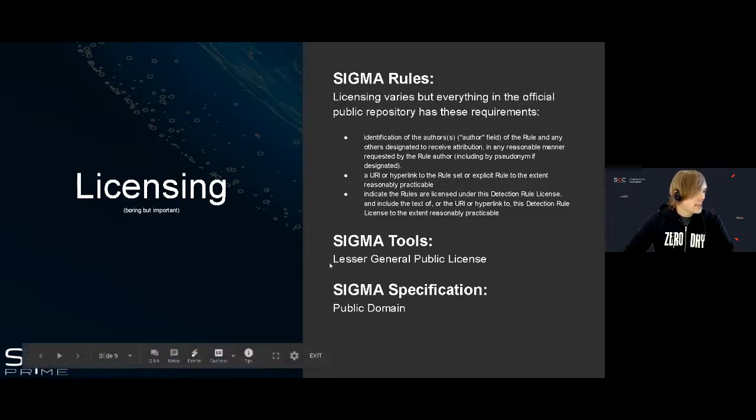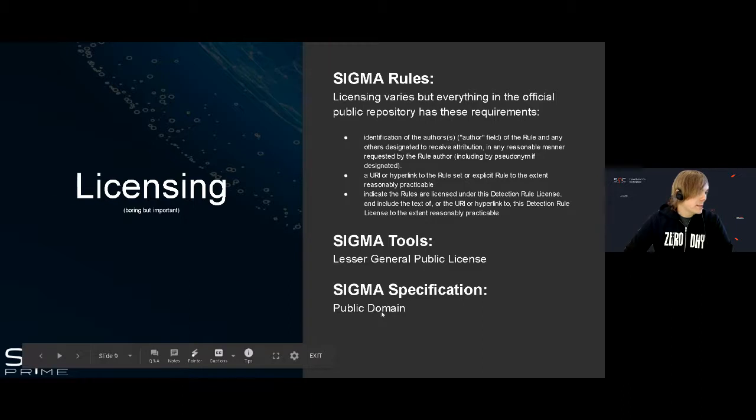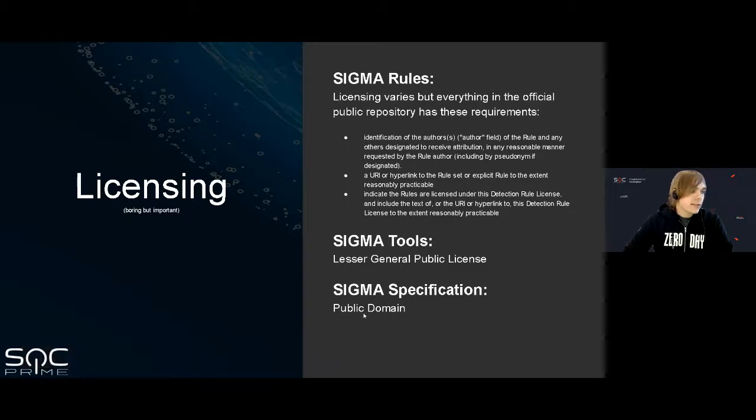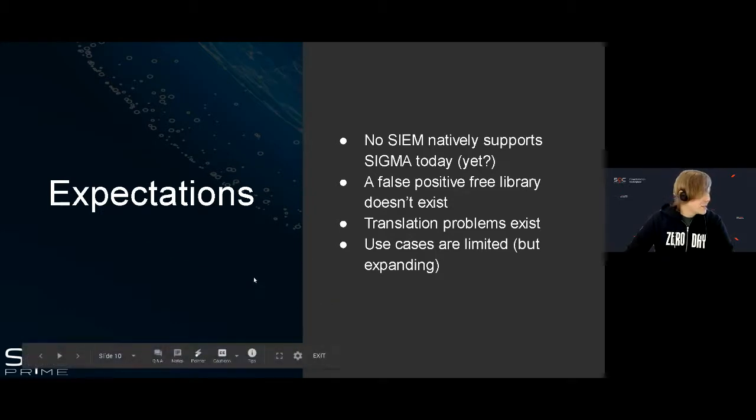The Sigma tools are under LGPL, which basically means it's open source and you can use it freely. And the Sigma specification is public domain, meaning you're free to use it however you want. Mostly, you only have to worry about Sigma rules, probably. But I'm not a lawyer. Guess I should have said that first.